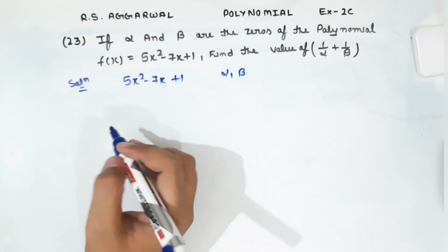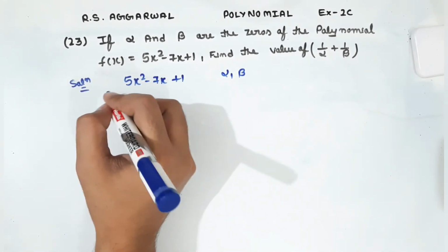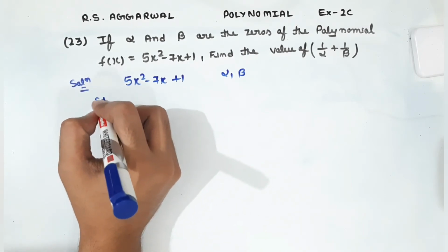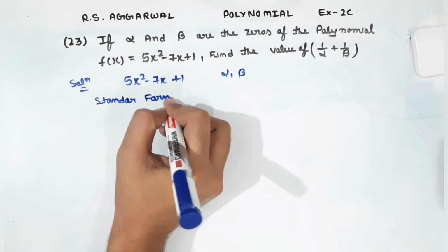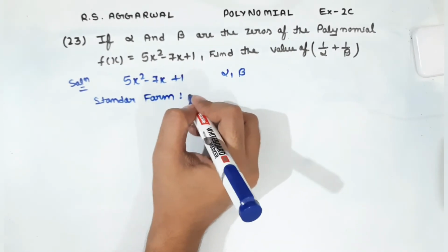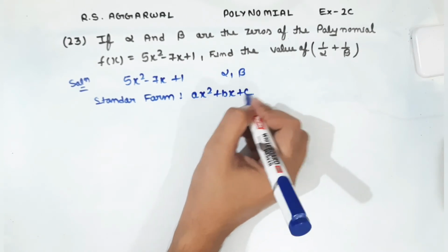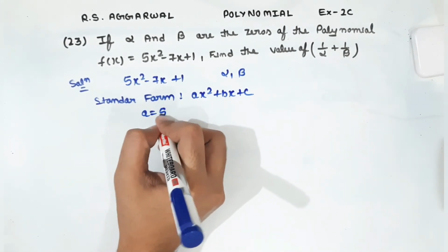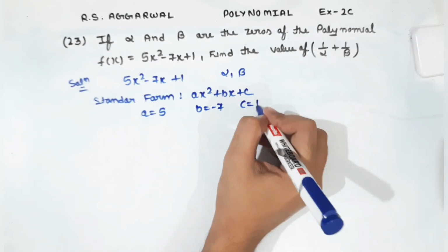So for this polynomial, on comparing with the standard form ax square plus bx plus c, a will be equal to 5, b will be equal to minus 7 and c will be equal to 1.